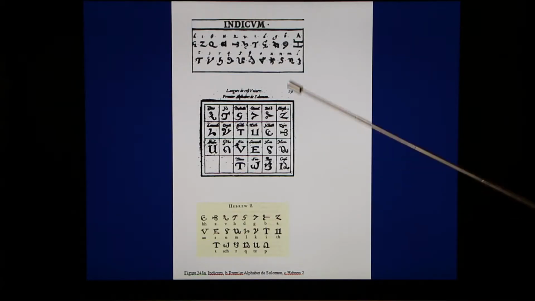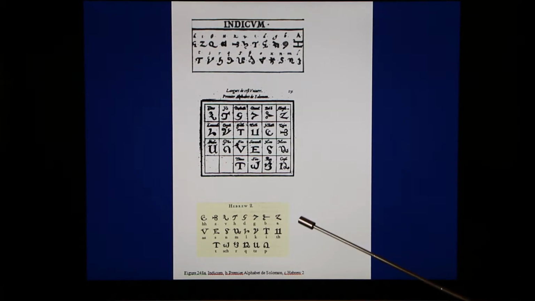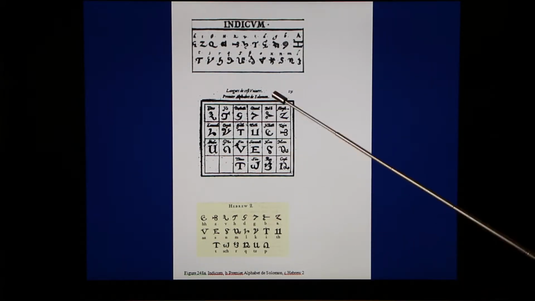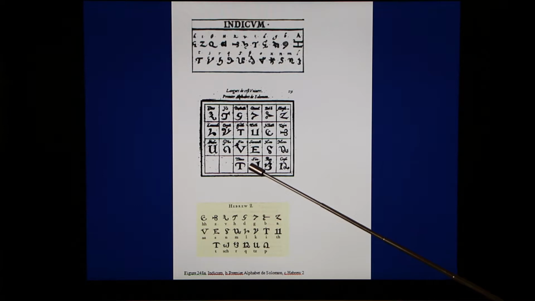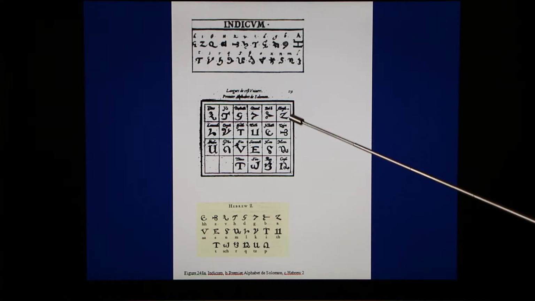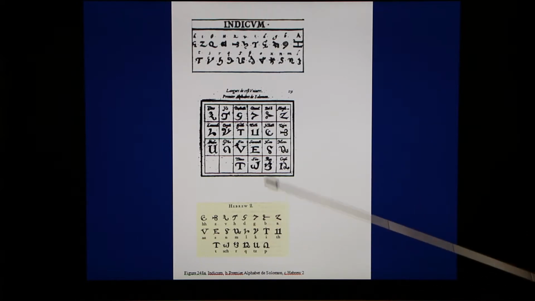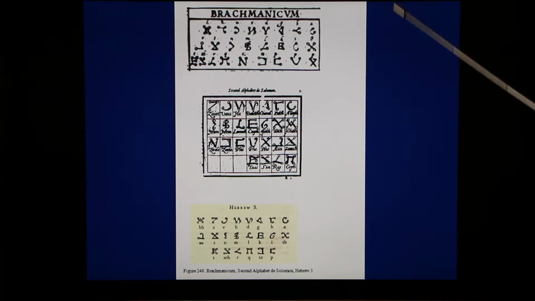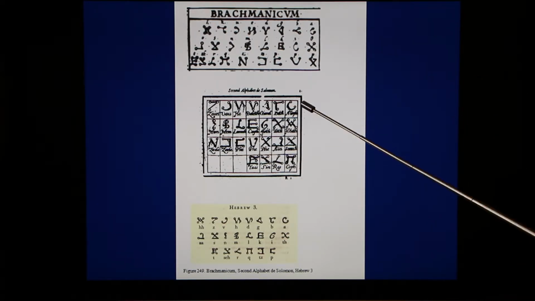That leads us to the premier alphabet de Salomon, the first alphabet of Solomon, and it becomes Hebrew 2. And you can see the links to the letters are quite clear. And then Brahmanicum, which we saw at an earlier stage, becomes the second alphabet of Solomon and becomes Hebrew 3.